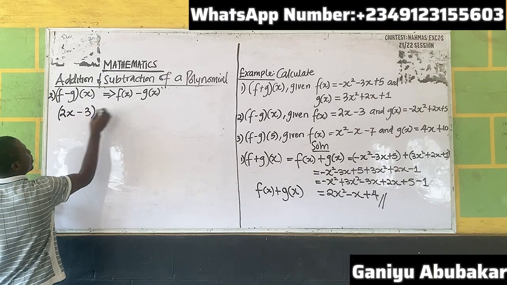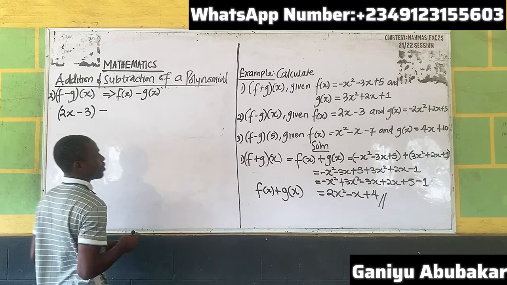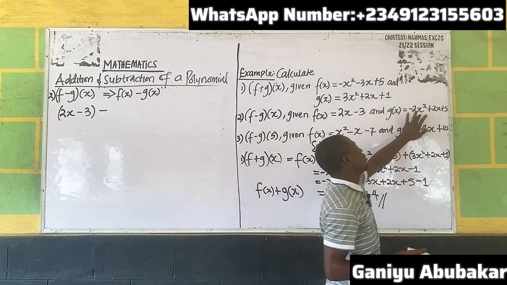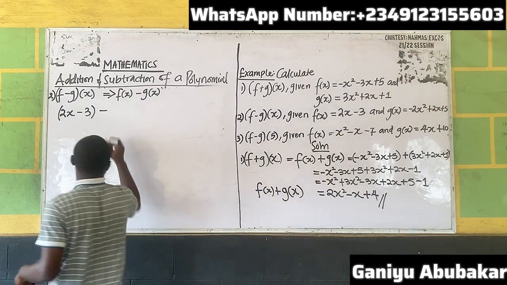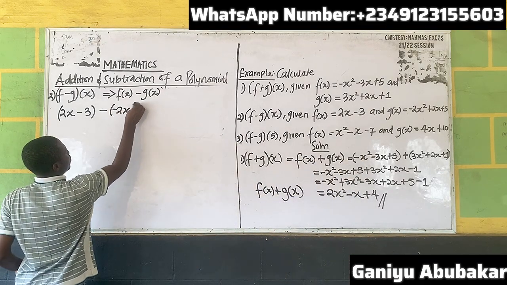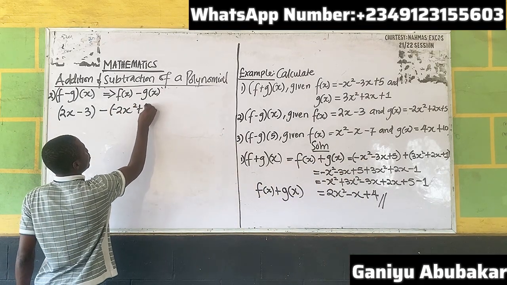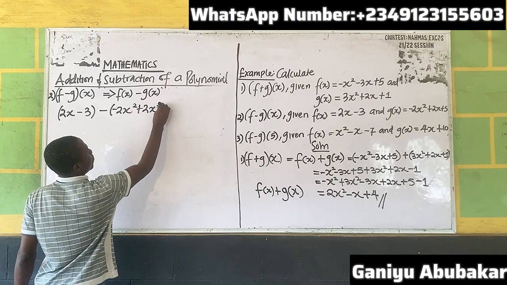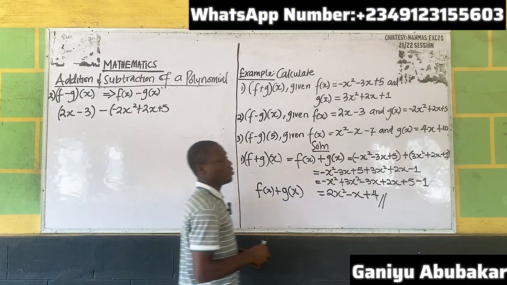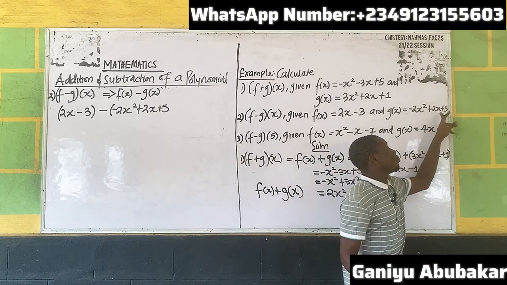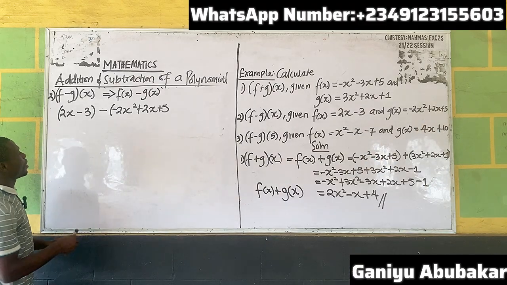In a bracket, and minus what's g of x? g of x is this one here, negative 2x squared plus 2x plus 5. Have it in a bracket this way.